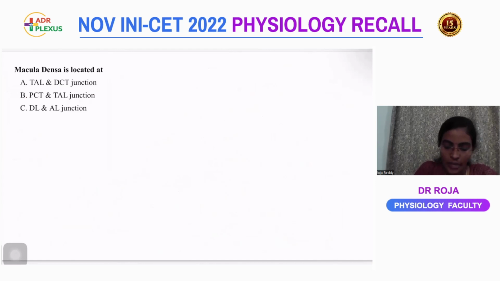The question was: macula densa is located at which junction? Option A, thick ascending limb of loop of Henle and the DCT junction.